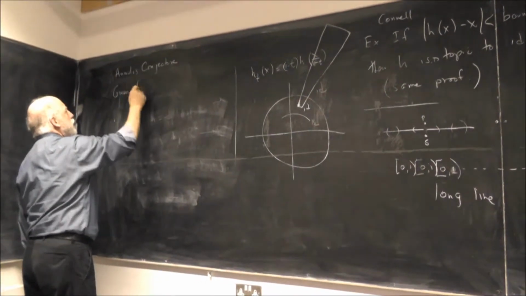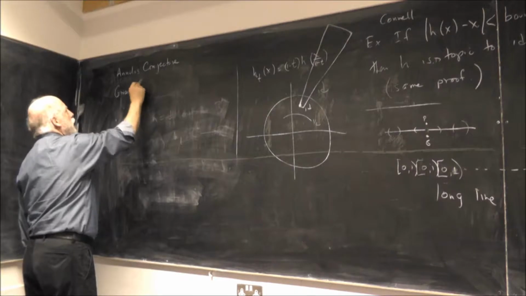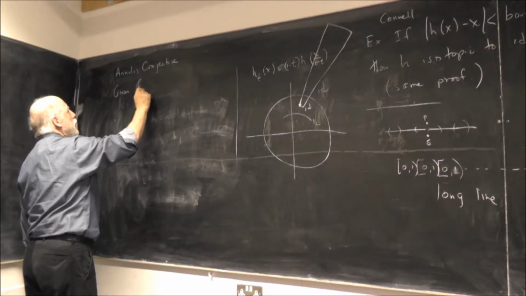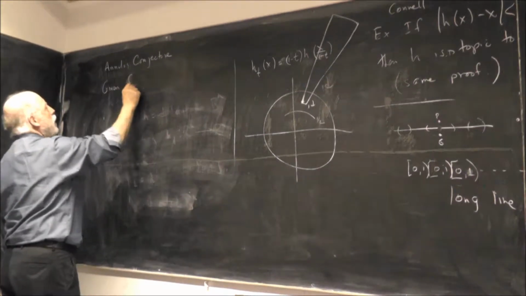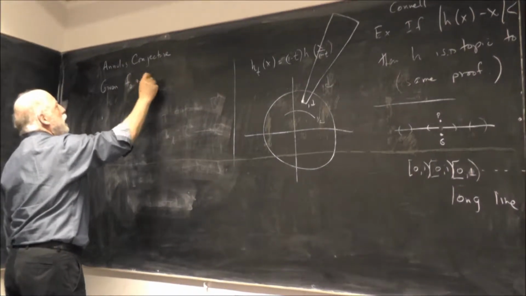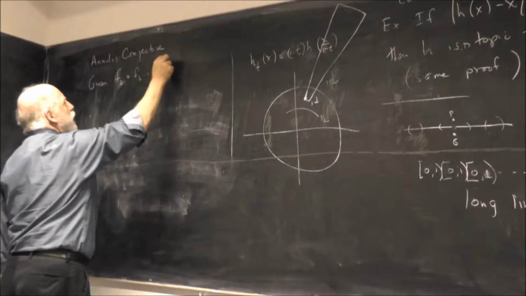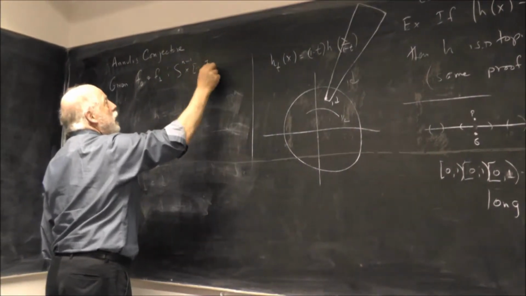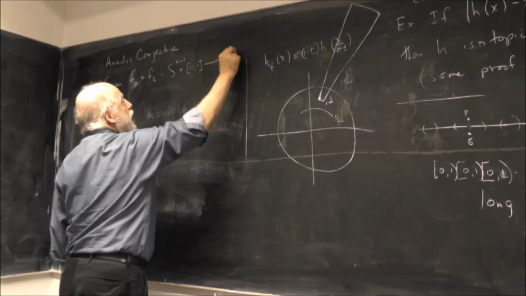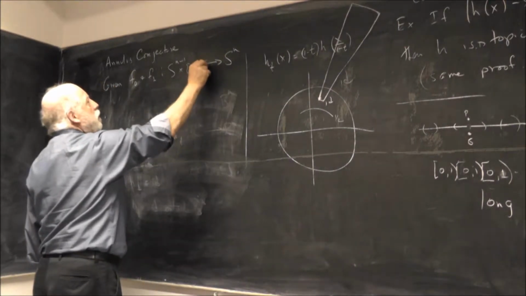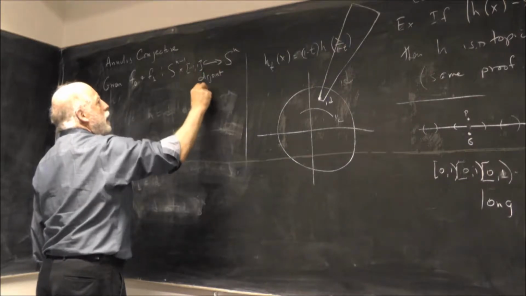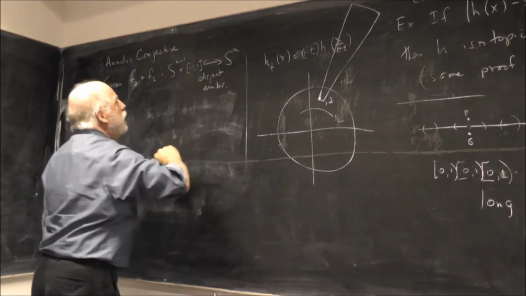two embeddings, let's say F0 and F1 mapping the spheres, again thickened, into S^n, embeddings, and they're disjoint.